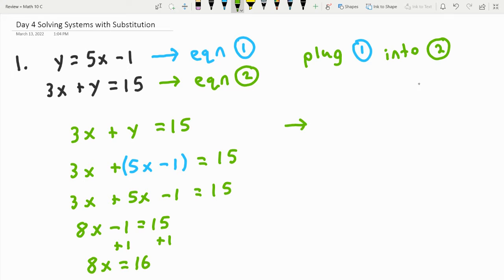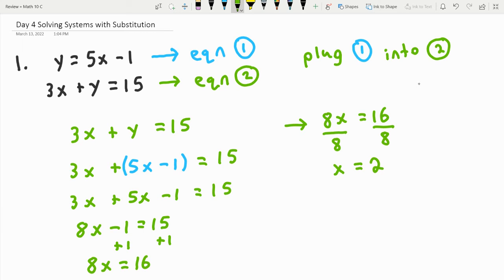Now, 8x equals 16 is what we simplified to so far. Let's continue. We can divide 8 from every term. That's the more precise way of saying it. In this case, there's 2 terms here. So 8 divided by 8 equals x, and 16 divided by 8 equals 2. So I have x equals 2.